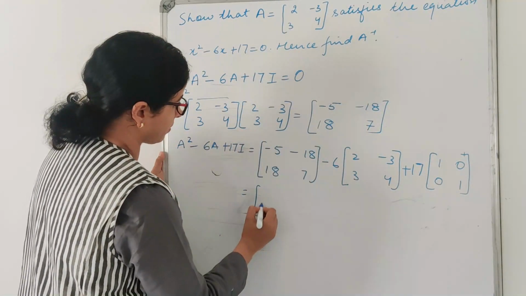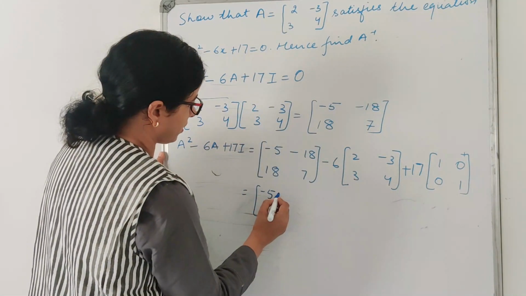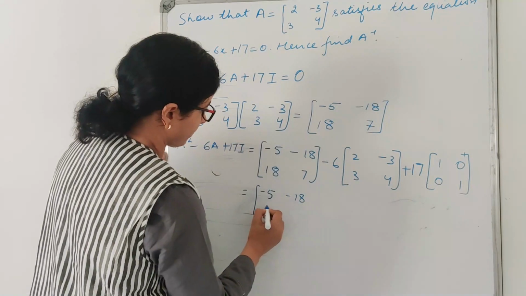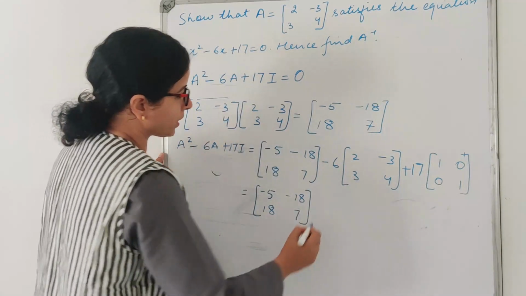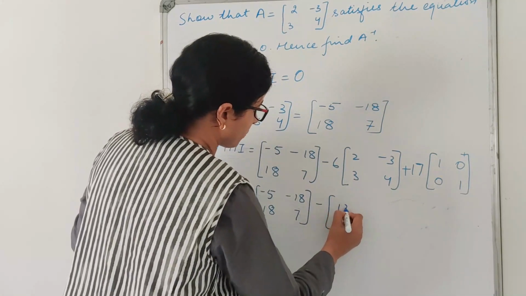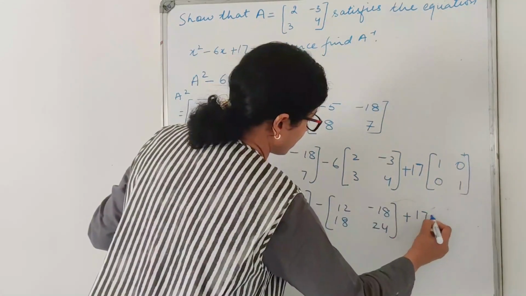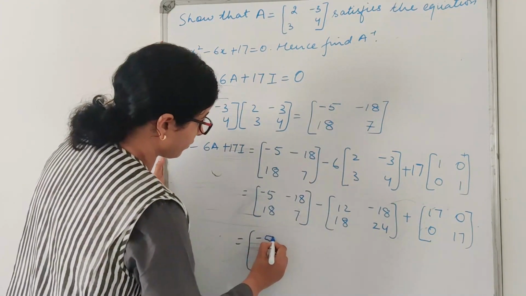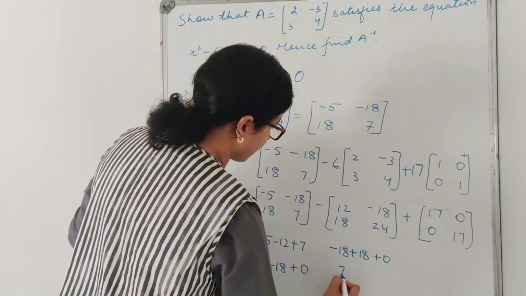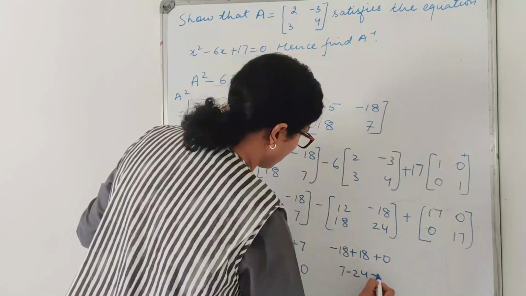Check it. Minus 5, minus 18, 18, 7. Scalar multiplication we are doing here. 12 plus 17. Now we'll solve the matrix. Minus 5 minus 7, minus 24 plus 17.